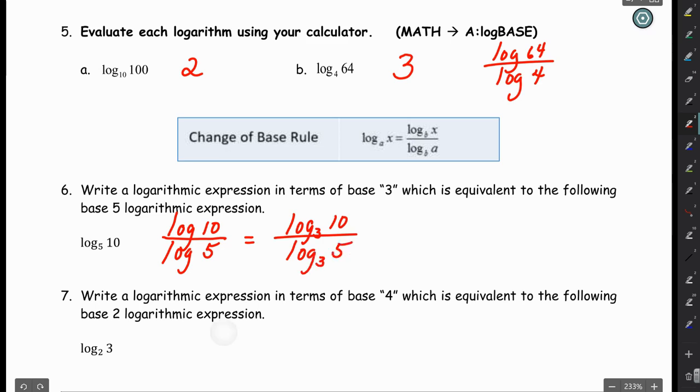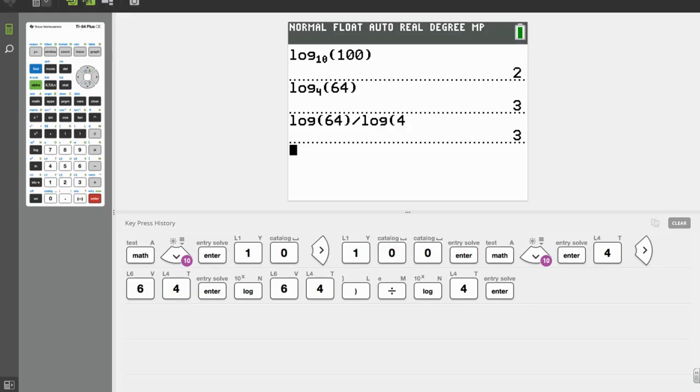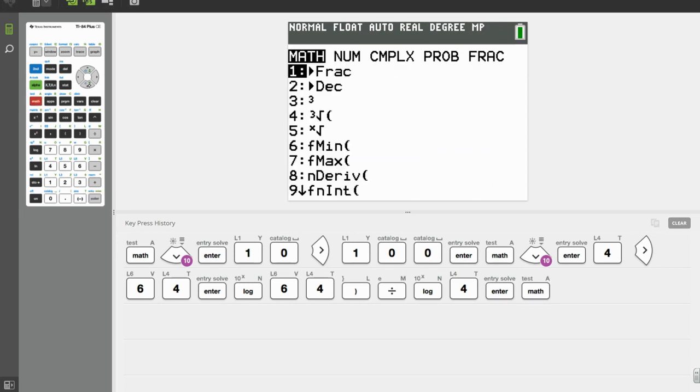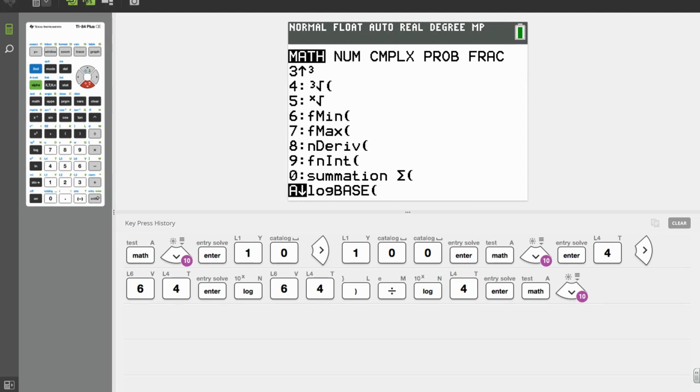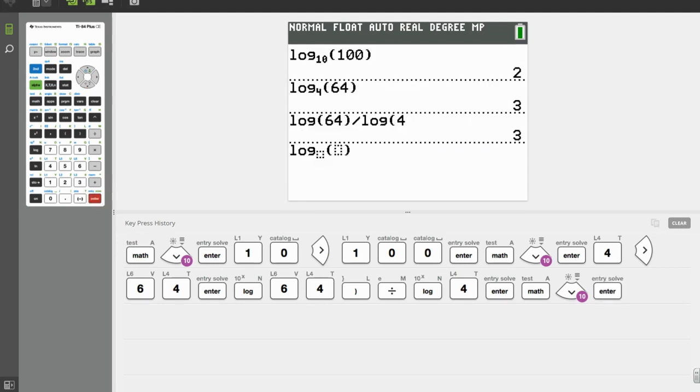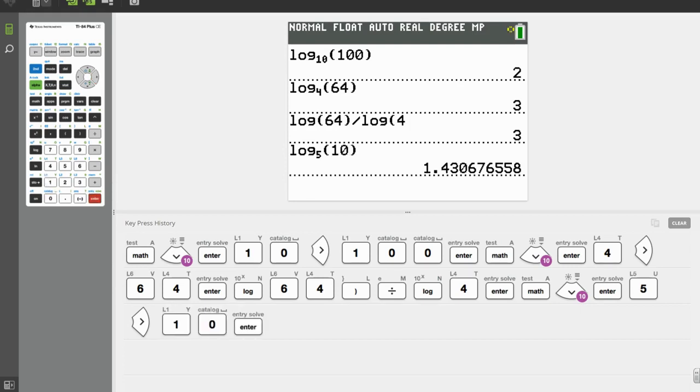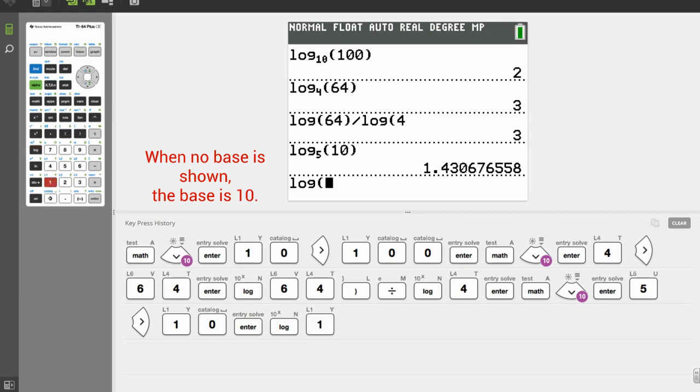So these all mean the same thing. And I'll show you what I mean. I'll do them all in the calculator. Go to math. We'll go down to the log function. And we'll put in log base 5 of 10. Or we could write it as log 10, make sure you use a parenthesis, divided by log of 5.